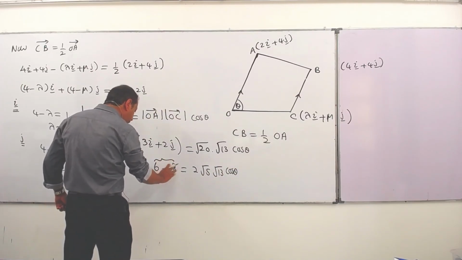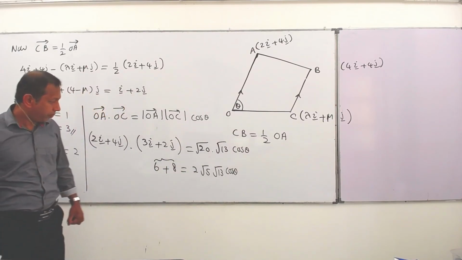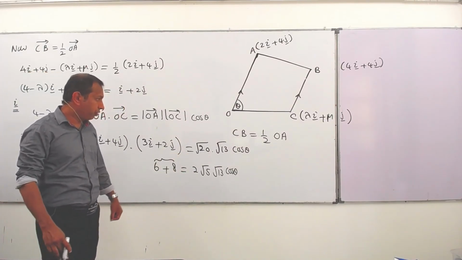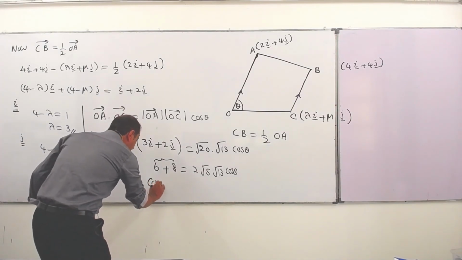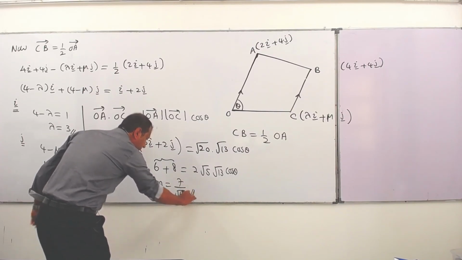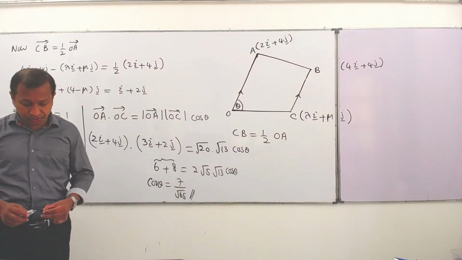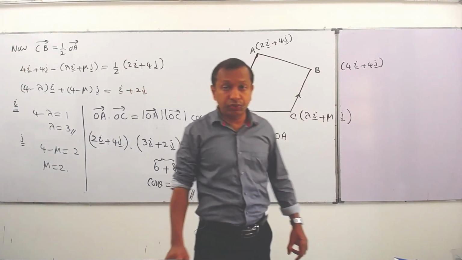Here 14, when you divide by 2 we get 7. Root 5 root 13 is root 65. Therefore we get cos theta equals 7 over root 65. Right. This way we can finish this discussion.